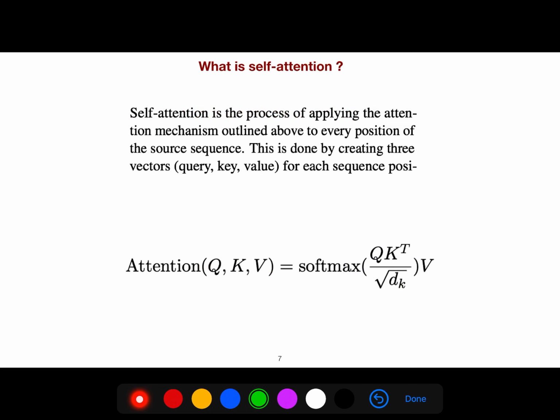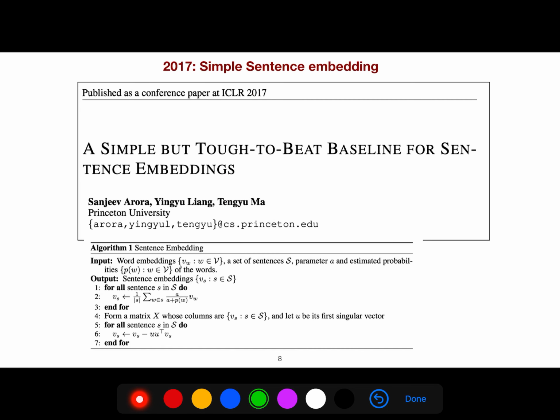So self-attention is just the process of applying attention to every position of the source sequence. This is done by creating three vectors, query, key, and value, for each sequence. And this is a very simple approach for sentence embedding.